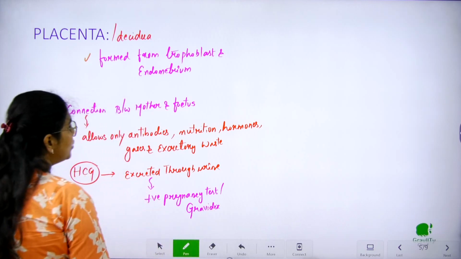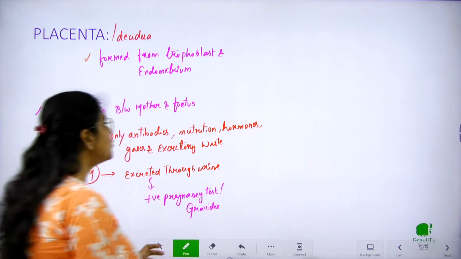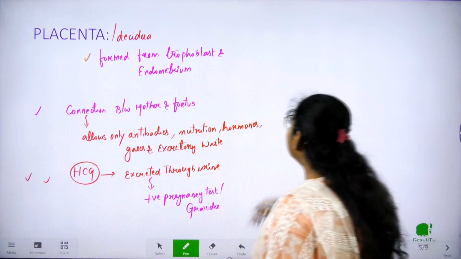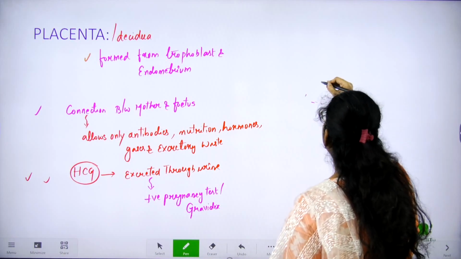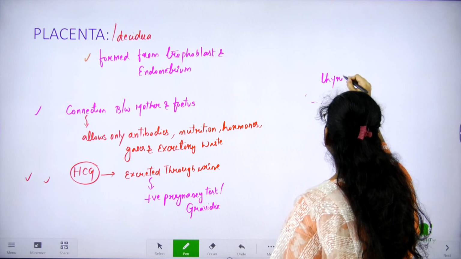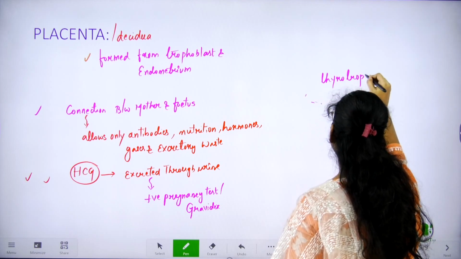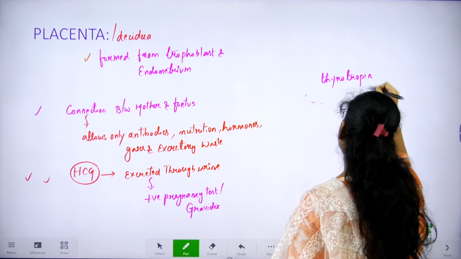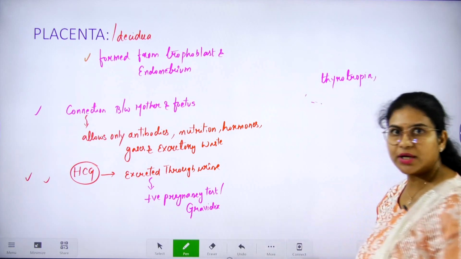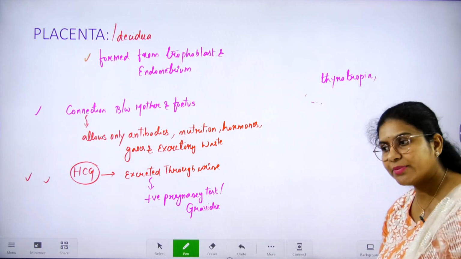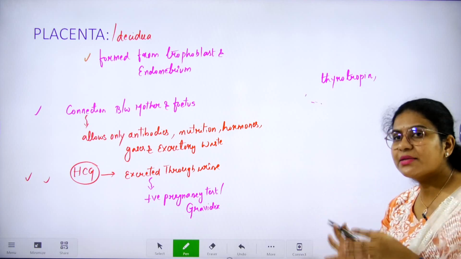Clear? So apart from HCG, it also secretes so many hormones, like thyrotropin. See, thyrotropin is a thyroid related hormone. The fetus has to develop. Differentiation of the cells has to happen. If differentiation of cells is not happening, cells will remain in the same stage.